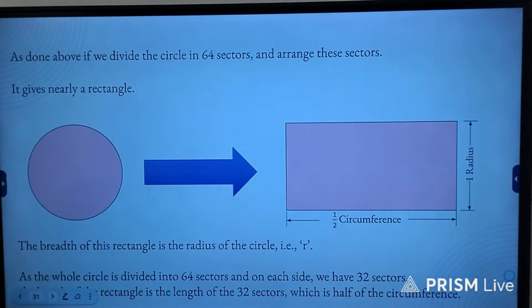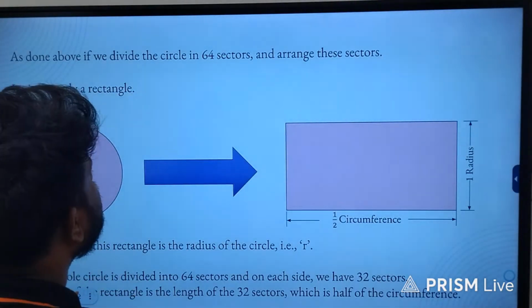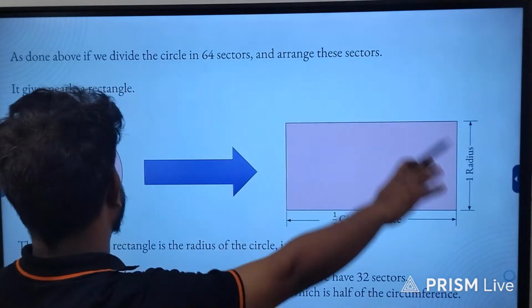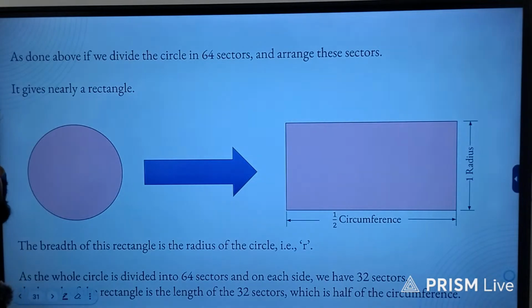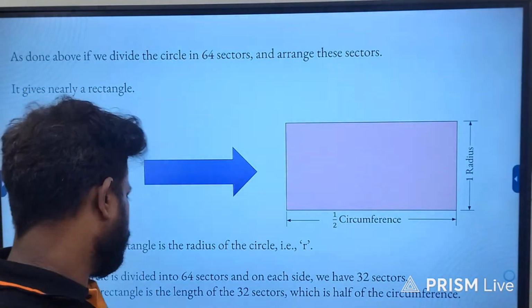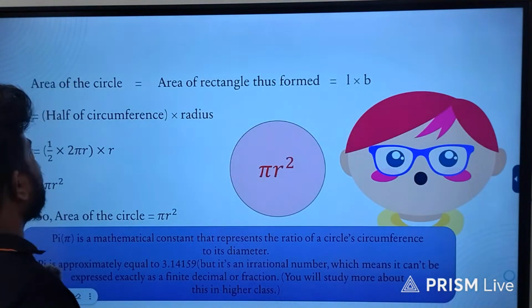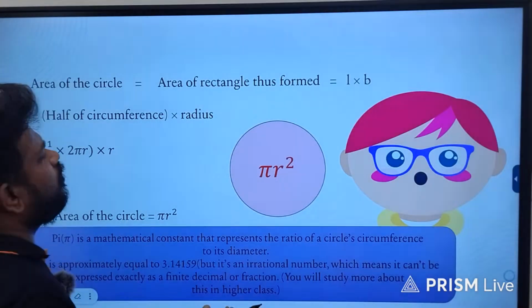The breadth of this rectangle is the radius of the circle, that is r. This is also a general discussion, you don't need to go deeper into that.